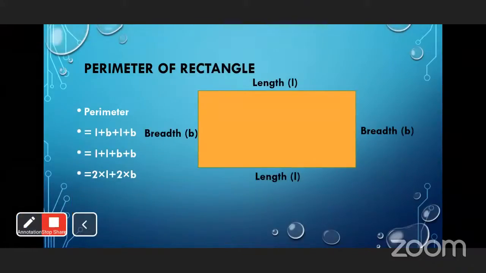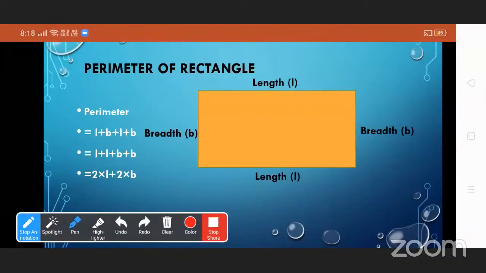Now see how to find the perimeter of a rectangle. So first of all, tell me about a rectangle. In a rectangle, see here, this one is the length and this one is also length. So the lengths are equal, na?